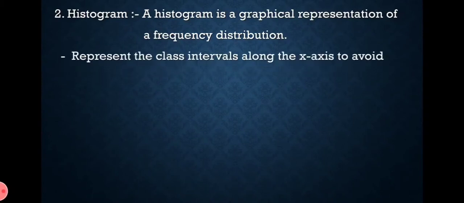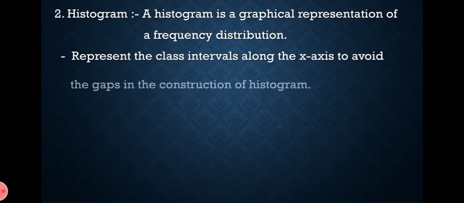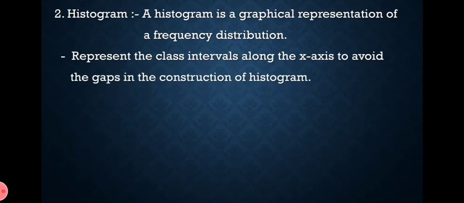So we represent the class intervals along the x-axis to avoid the gaps in the construction of the histogram. The difference between the bar graph and histogram is that in a histogram we do not leave space between the bars. The bars are constructed avoiding the gaps. No space is given between the bars in a histogram.